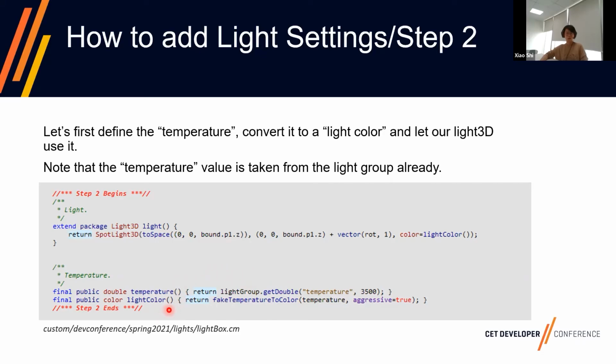Then you will have a color method, and this has a helper method to turn the temperature into an RGB color. When you return your light 3D, you assign this light color. There's a parameter that you can assign to, which is called color. So you just assign this to the color, and you will successfully bind the temperature to your light 3D.